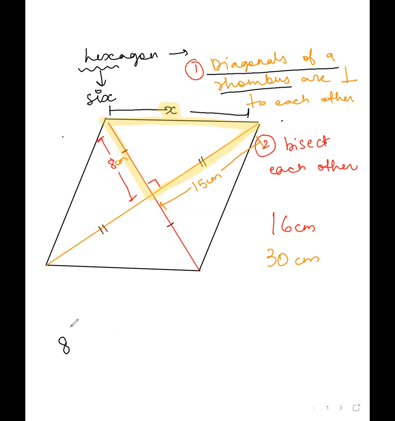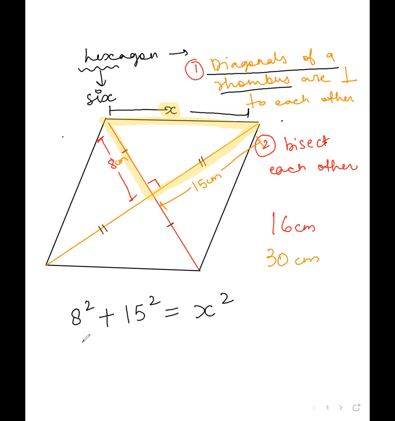It will be x. I'm asking, how will you find x? 8 square plus 15 square gives x square. Very good. Then?